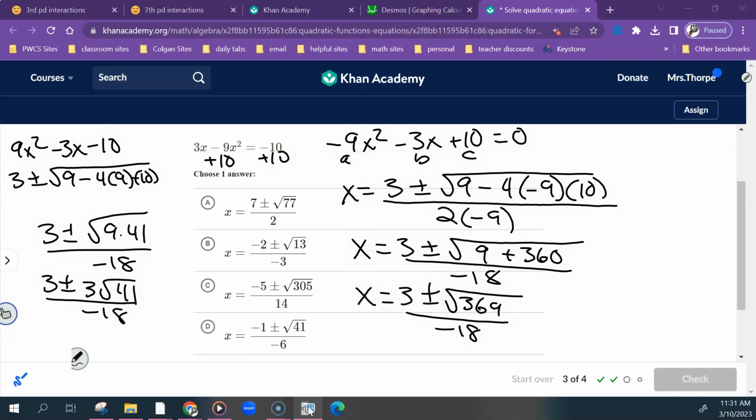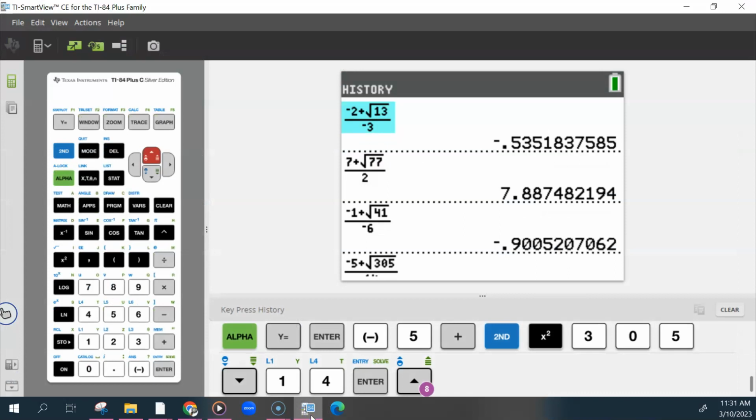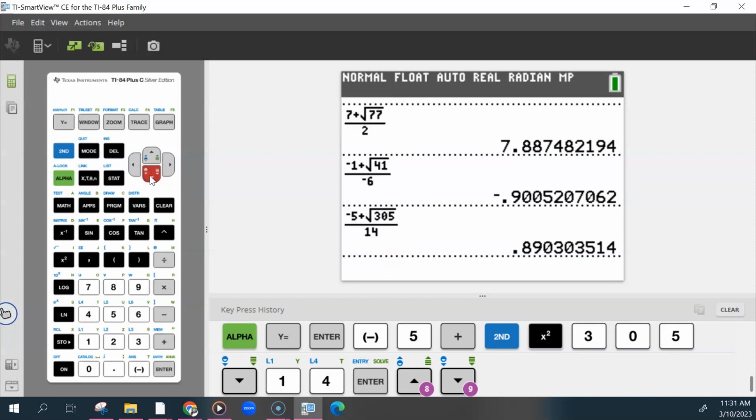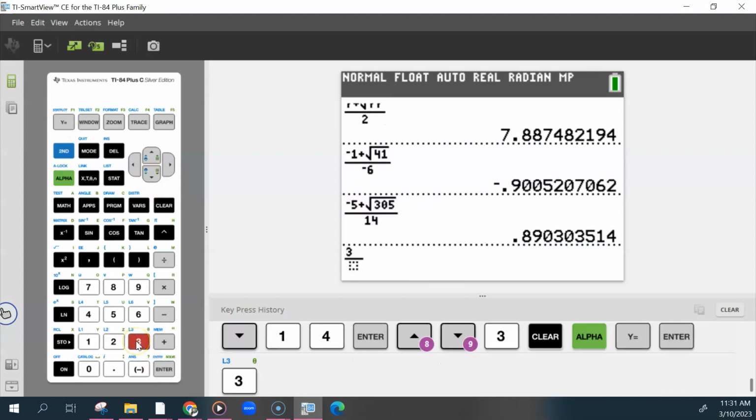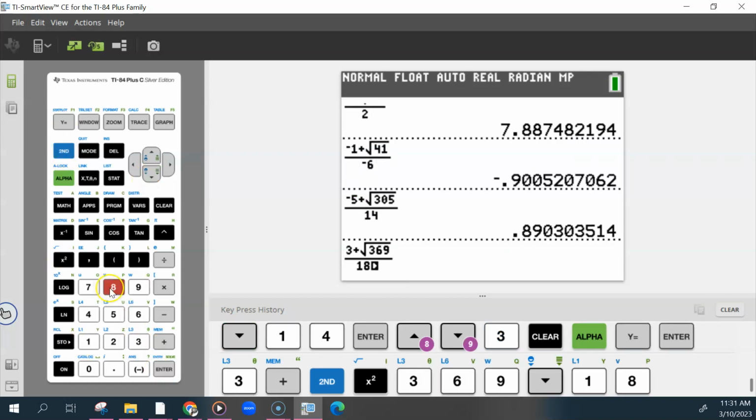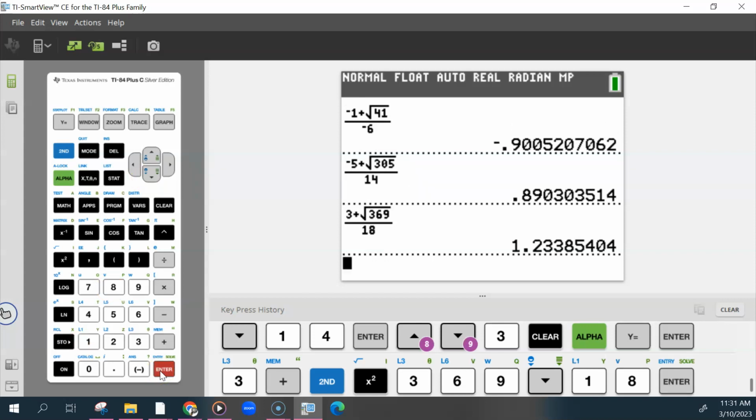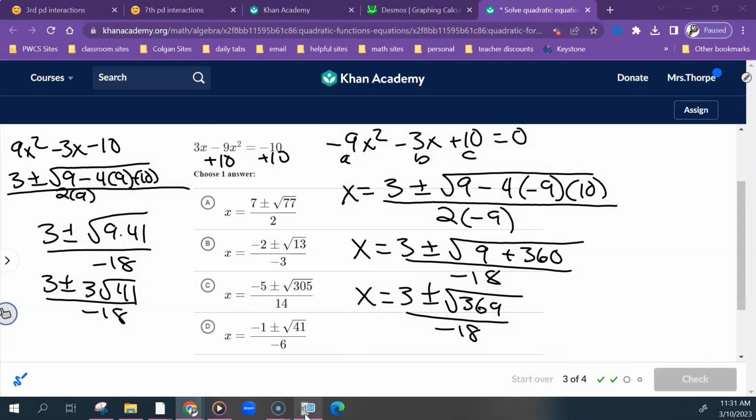Bear with me for 1 second while I figure this out. I know that in this one, D is the right answer, but I'm not seeing what I did wrong. I'll have to figure it out now.